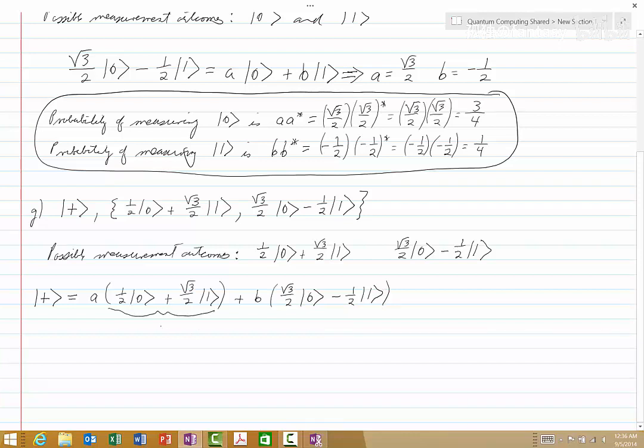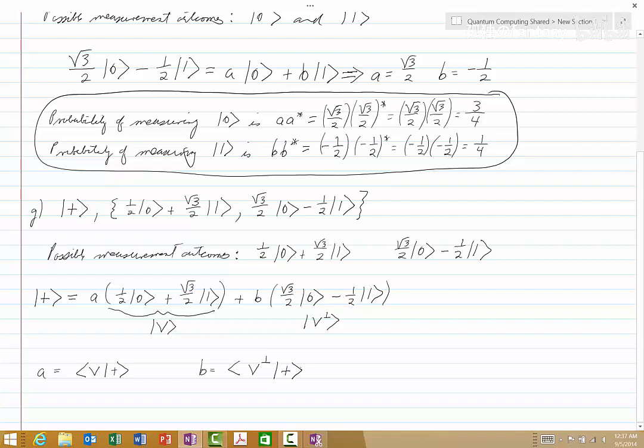So we can think of this as some ket V, and this as V orthogonal. And if we do that, then we see that A is equal to the inner product of V with the given state, and B is the inner product of V orthogonal with the given state.